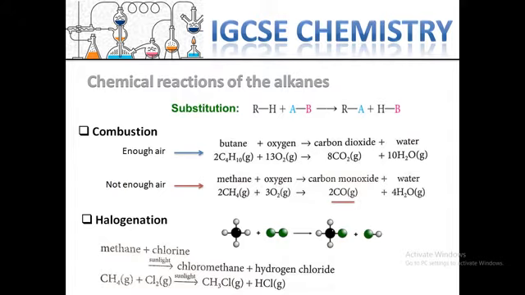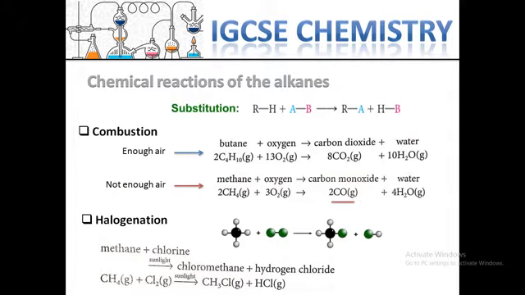This is the same for all alkanes, even butane or propane, ethane. Based on the number of carbons in the alkane, you will get different amounts of carbon dioxide. For example, if you have two butane, you will get eight carbon dioxide.